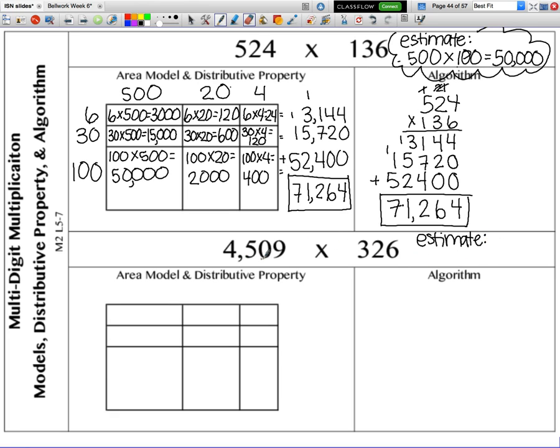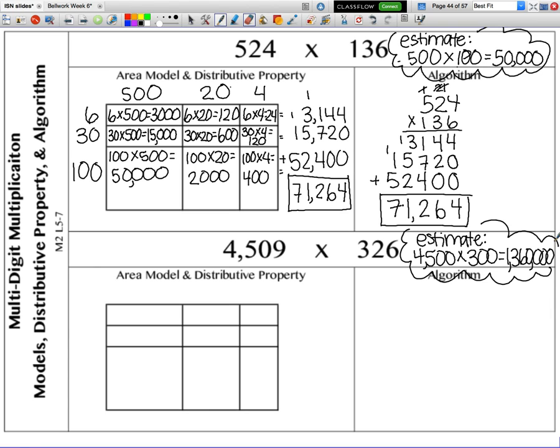All right, so 4,509, I'm going to estimate as about, you could either say 5,000, but I'm going to make it 4,500. Either one's fine. Times 326. I'm going to estimate that is about 300. And my answer is 1,360,000, running out of room, thousand. So there's my estimate. So we're going to have some really big numbers here.